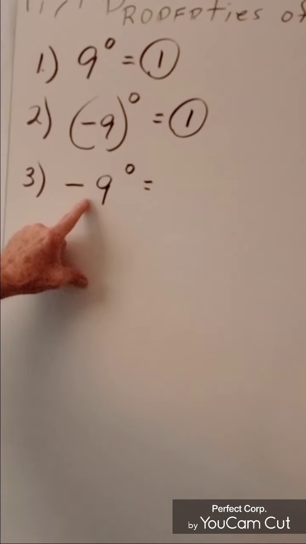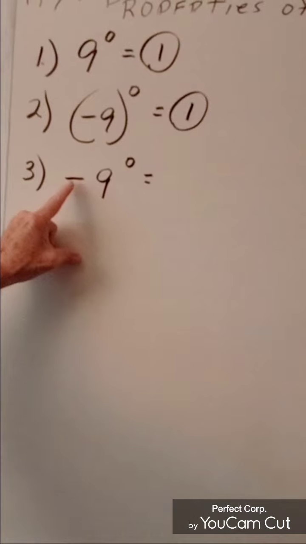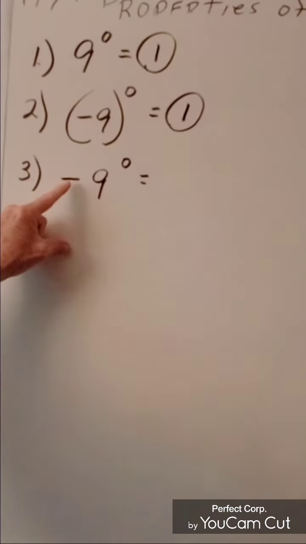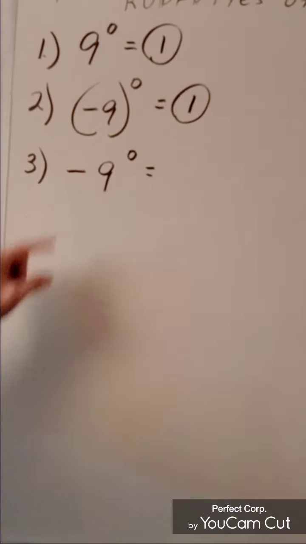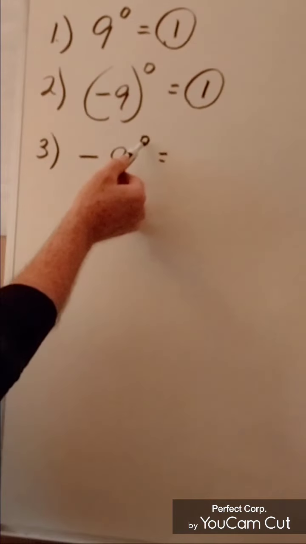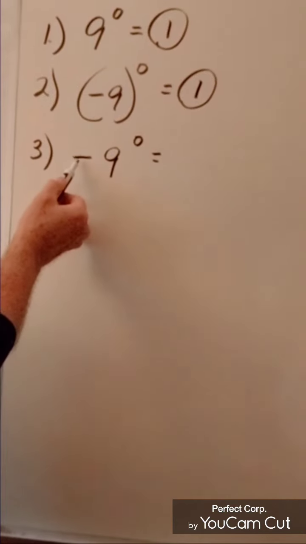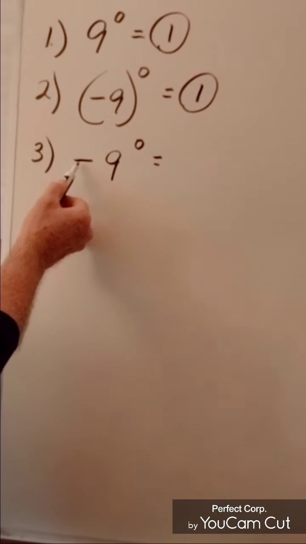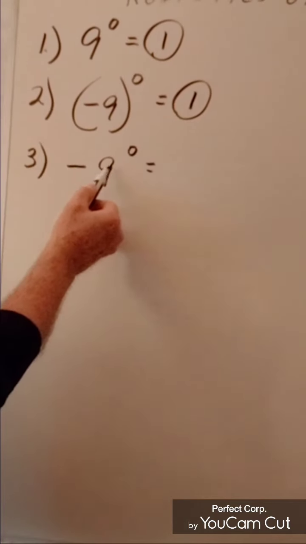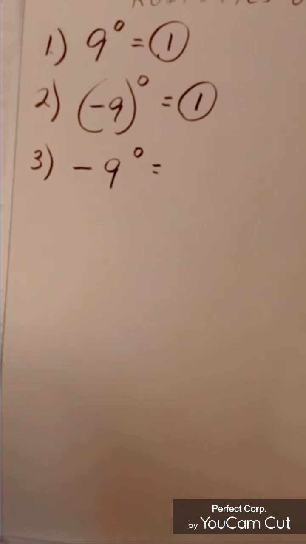Notice there is no parenthesis around the -9 like we saw on number 2. And when there is no parenthesis, that means the 0 exponent is only applying to the 9, not this negative sign. The only way that that 0 could apply to the -9, as you might read this to be, is if the -9 were in a house.